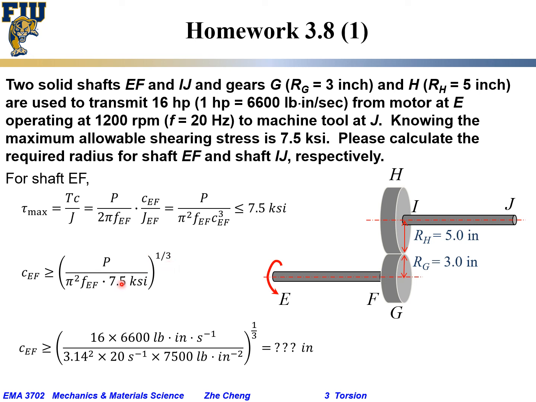P divided by pi squared F, with 7.5 ksi in the denominator, and this whole thing to the power of 1 over 3. You plug the numbers in: P is 16 horsepower, and 1 horsepower is 6,600 pound-inch per second. F is 20 Hertz, 20 per second, and the stress is 7,500 pound per square inch.